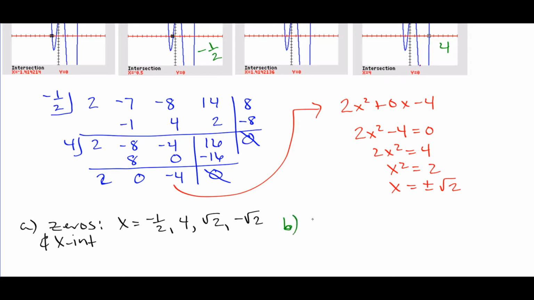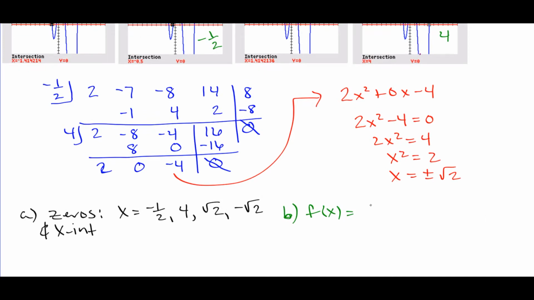So if we go to B, remember what we started with was 2x to the 4th minus 7x cubed minus 8x squared plus 14x plus 8.